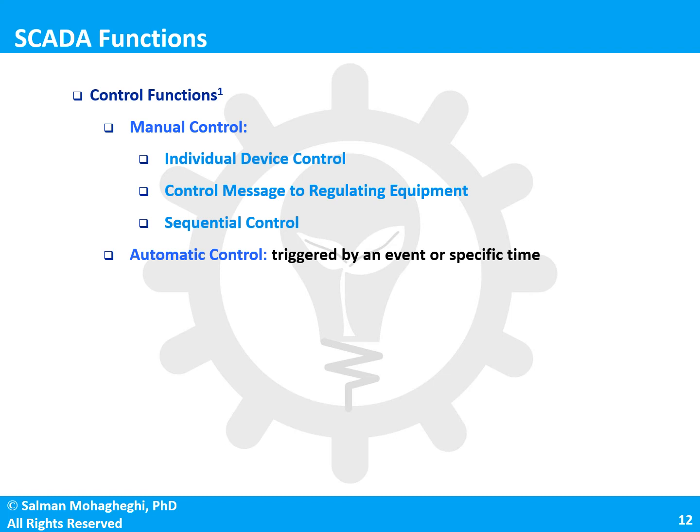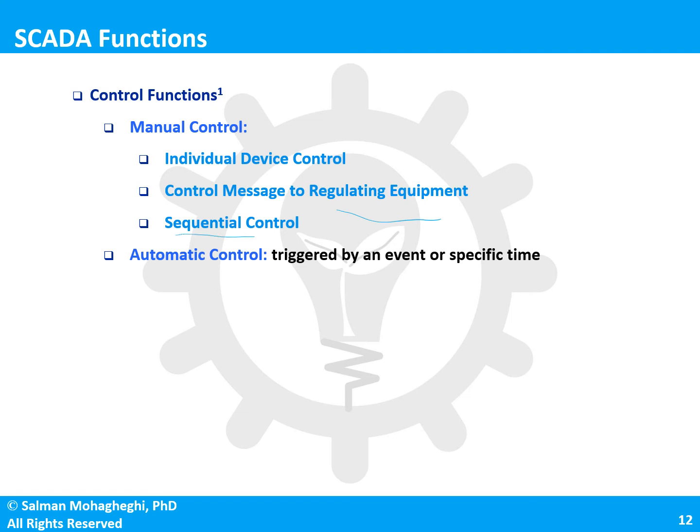For example, if you want to turn on or turn off a device, or switch on or switch off a component. It could also be a control signal to regulating equipment. For example, if you want a particular generator to be producing a certain amount of active power or reactive power, you can send that command. Or it could be a sequential control.